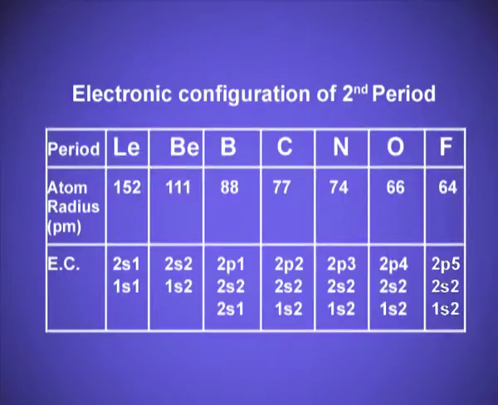From the data you can see the atomic radii in picometers: lithium has 152 picometers, beryllium 111, boron 88, carbon 77 picometers, nitrogen 74, oxygen 66 picometers and fluorine 64. From the data also you can see that there is a clear decrease in the size of the atomic radii.